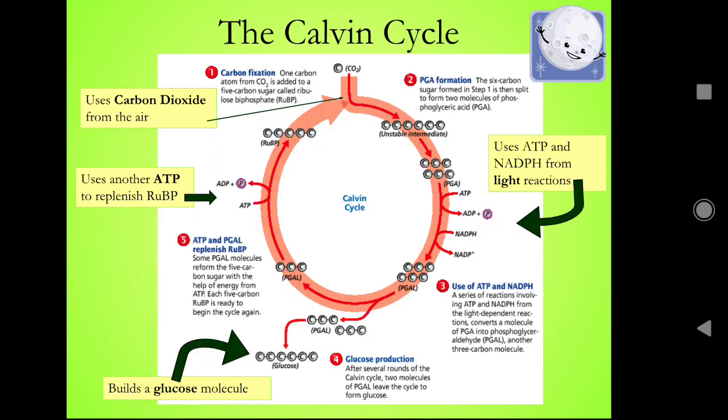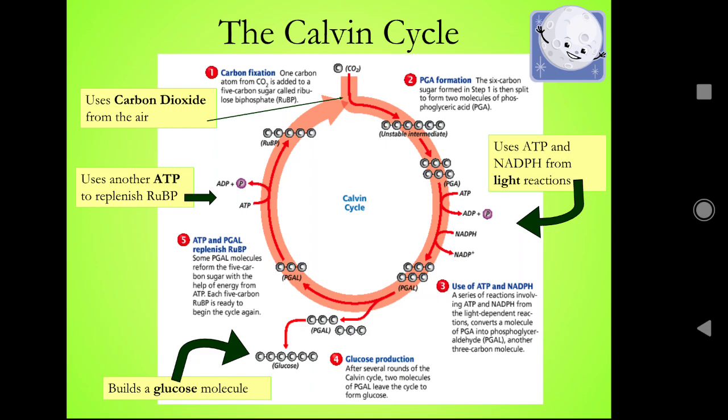So here's the process of the Calvin cycle. You now have your gas, which is available, the CO2. It's going to be used in combination with the ATP and the NADPH, the electron carrier. It's going to convert and change form a couple of times, so you'll see a couple of molecules like PGA, PGAL, and RuBP.